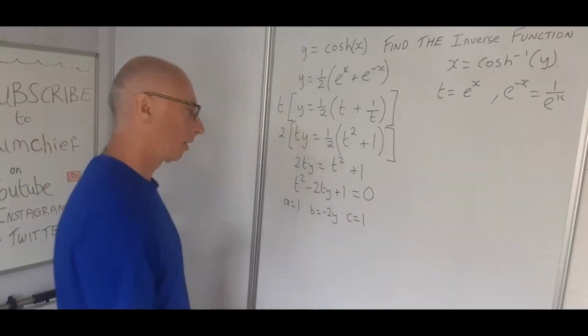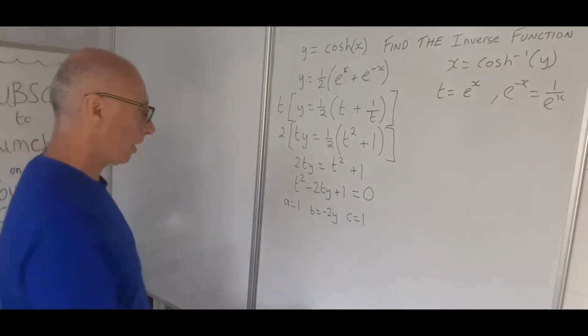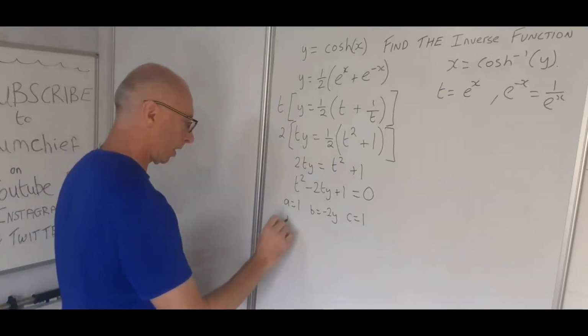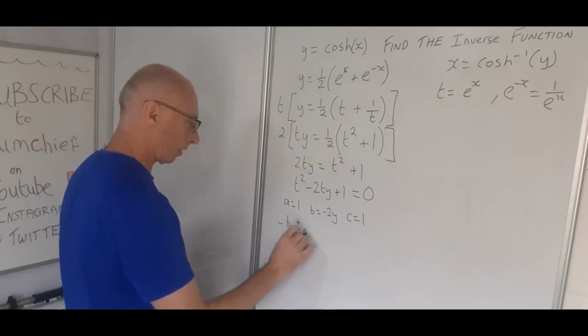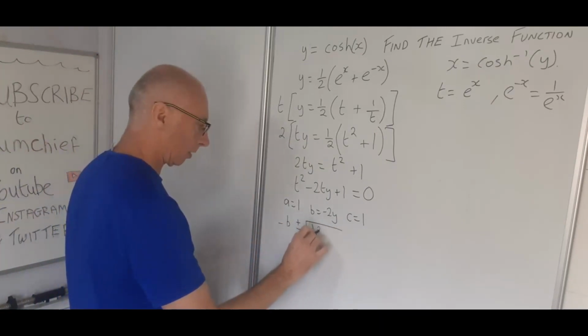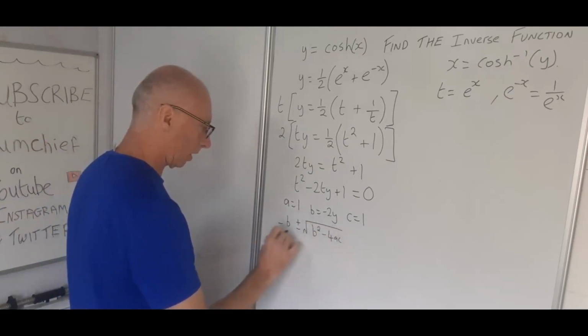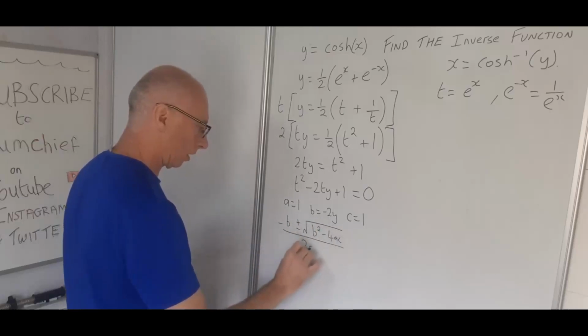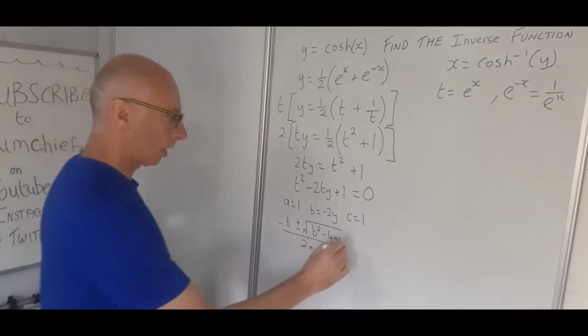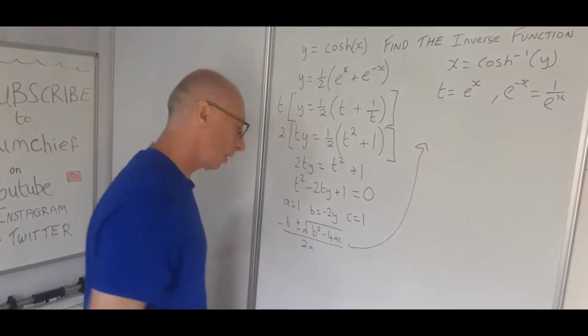Now we're going to write down the quadratic formula: minus b plus or minus the square root of b squared minus 4ac, all over 2a. Let's bring this up here.